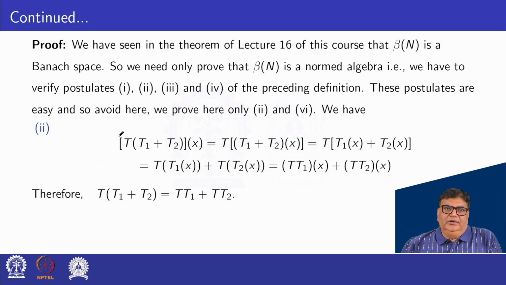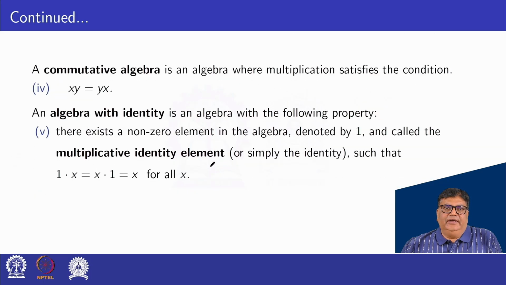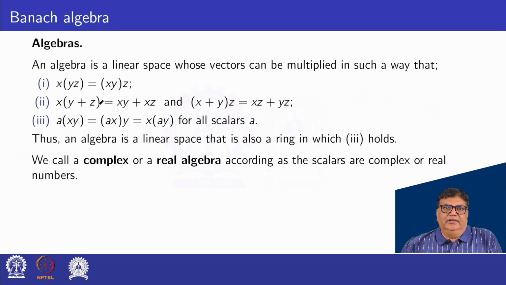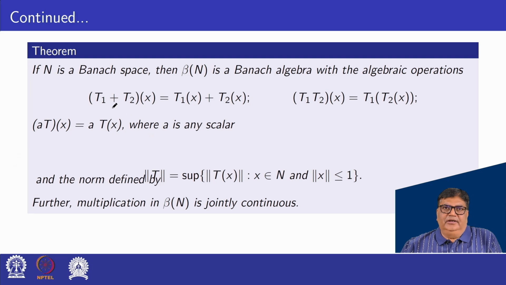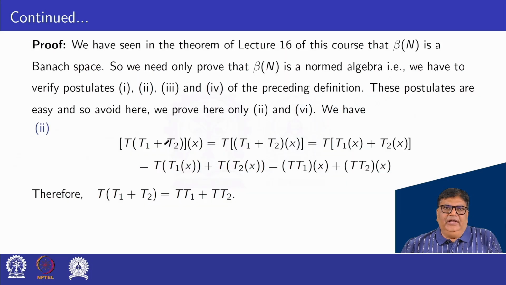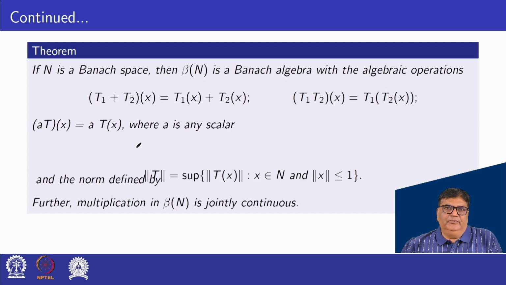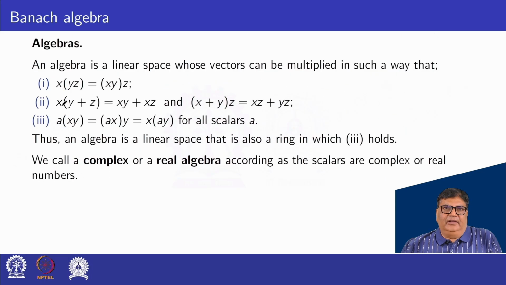We have T(T1 plus T2)x equal to, what is the condition second? Here condition second: x(y plus z) is equal to xy plus xz. In this theorem, T1 plus T2 as y plus z and T at the place of x.